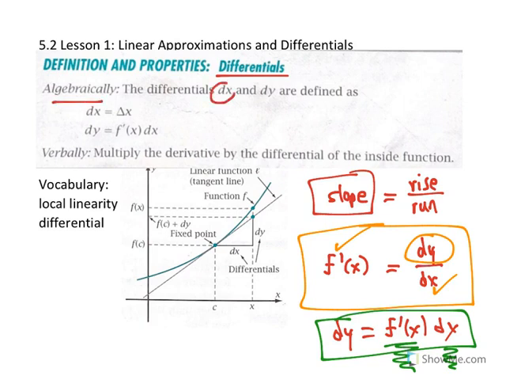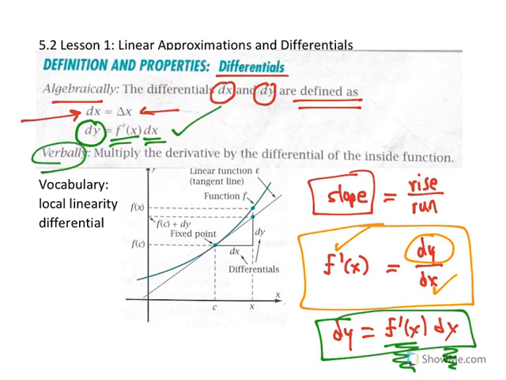Algebraically, the differentials dx and dy are defined as dx is equal to delta x, and we'll see what that means in a minute, but we just found dy is equal to f prime of x dx. I explained why that makes sense. Verbally, multiply the derivative by the differential of the inside function. Basically, you can ignore the part about the verbally, but we explained why this makes sense.